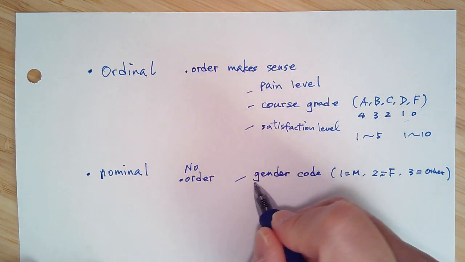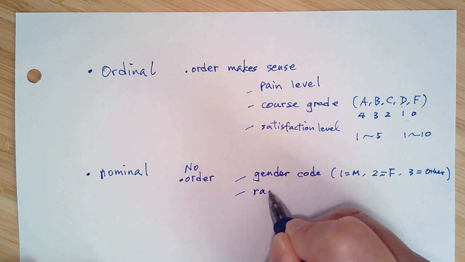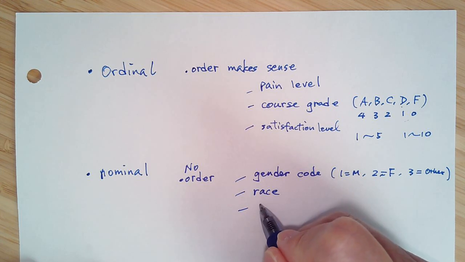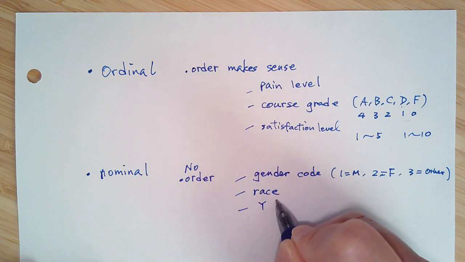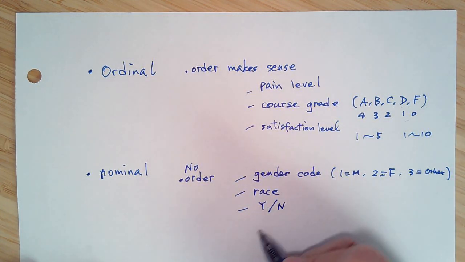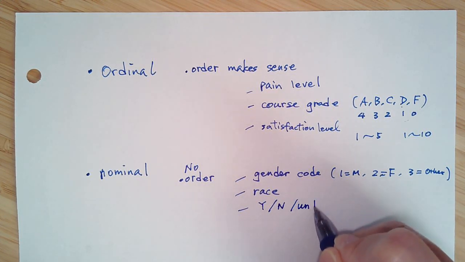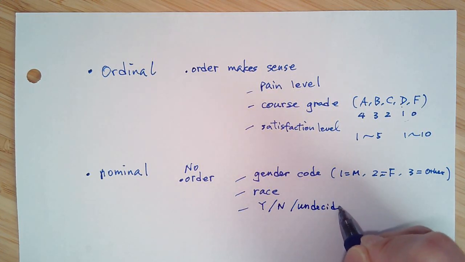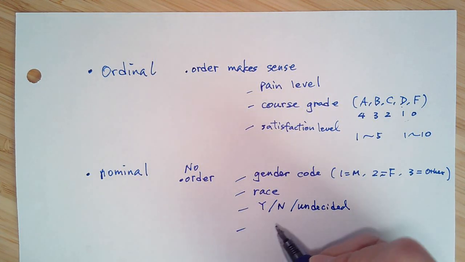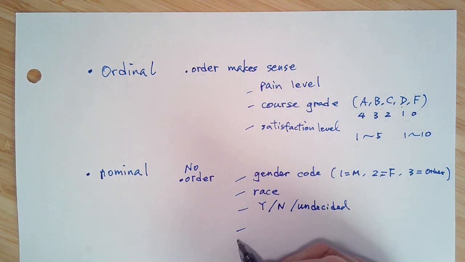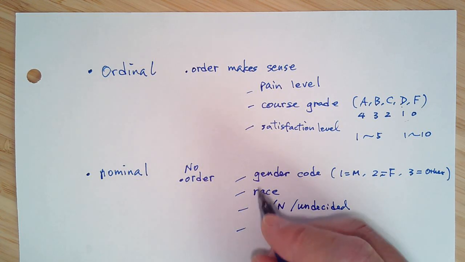Then of course you're going to say race or race code. And some questions ask you, do you agree or not? So yes and no, and maybe undecided. There are a lot, like types of movies. There could be a lot of things.